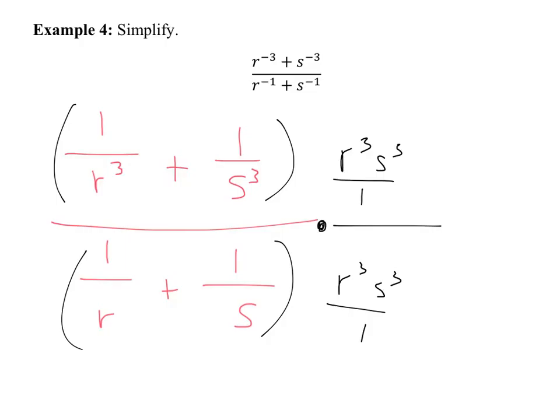I think that might be very useful this year, because I think that really threw some people off. And they didn't recognize that r cubed s cubed is really a fraction over 1. And when you multiply fraction by fraction, you just put that r cubed s cubed in all the numerators. Just literally take r cubed s cubed, put it in all 4 numerators, and reduce accordingly. So again, if it helps you, do this.